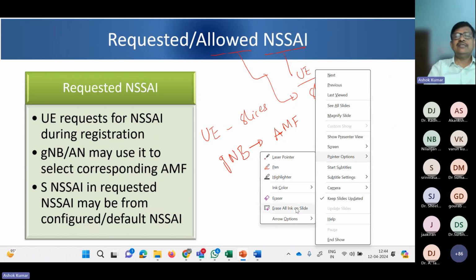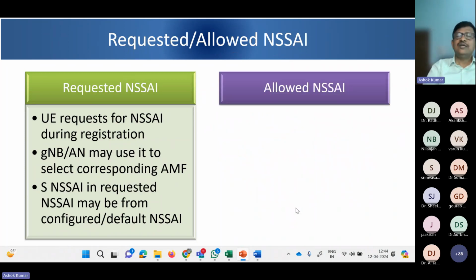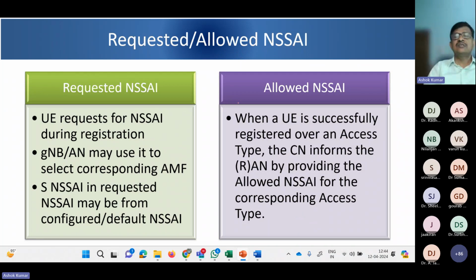Okay, the other is the allowed one. The allowed one is the one which the network knows, in the sense that when you take a subscription for a user equipment, the system knows which slices are allowed, which slices are actually subscribed. So one is that you are requesting, and initially I select an AMF based on your request.